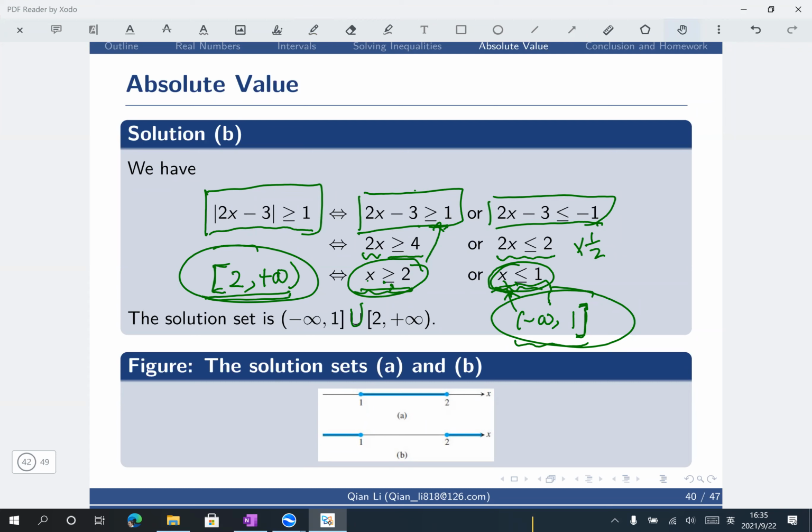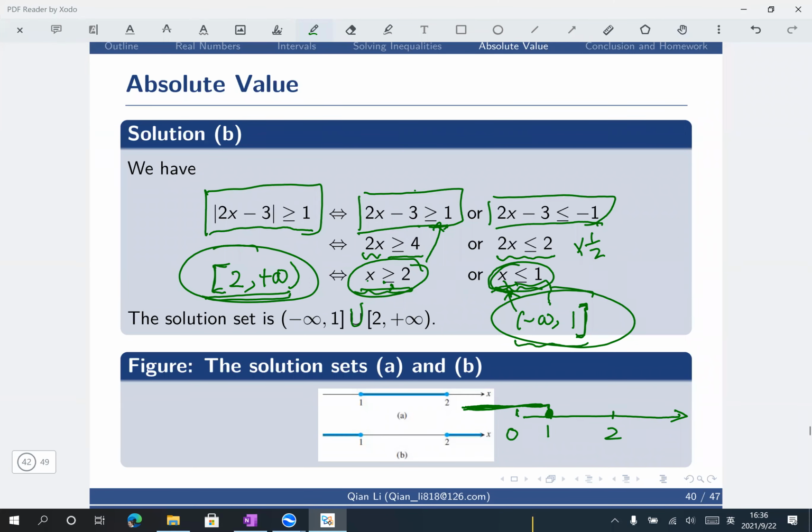Okay, this is the solution. And let's see it on the real line. This is 1, this is 2, and this is 0. All the numbers smaller than 1, and also 1 itself is a solid dot, and smaller than 1 means all the numbers on the left of 1, right? So we draw a line on the left of 1.